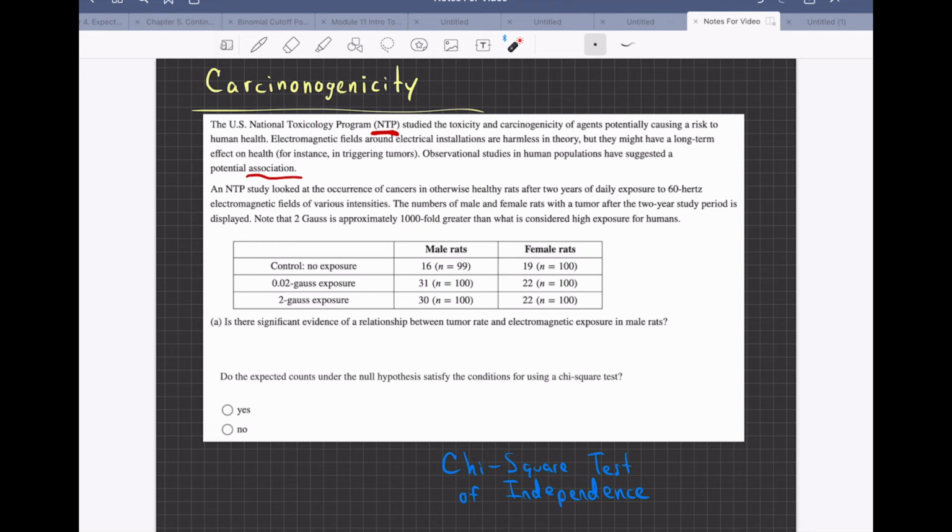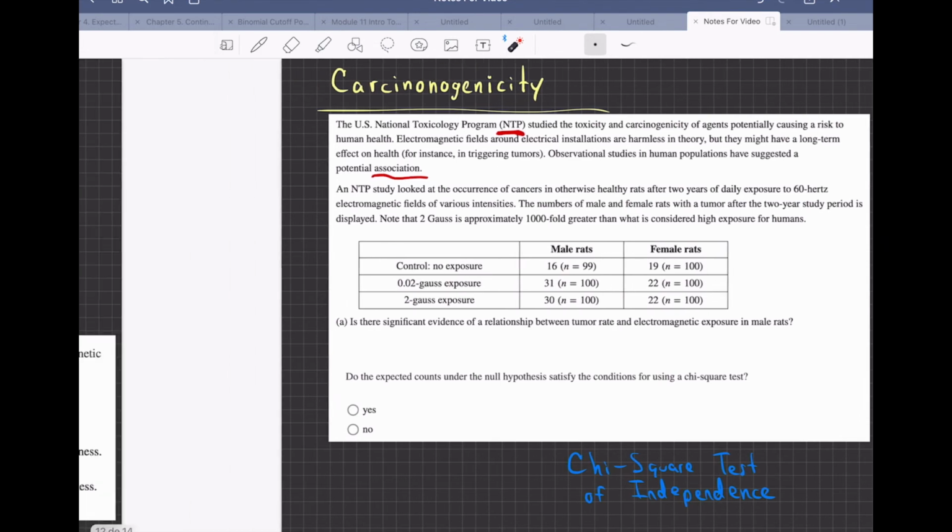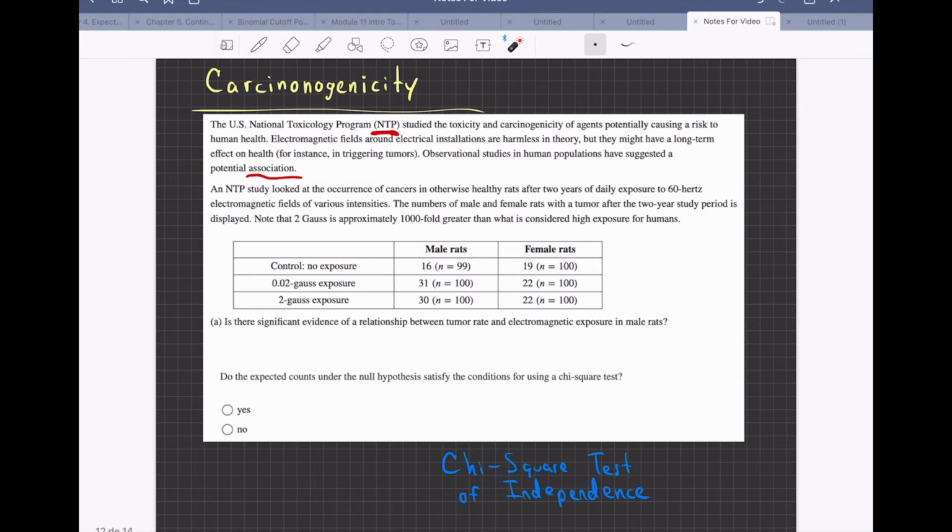I know I didn't explain many details, but when you are performing this test for independence or the one that we saw at the beginning, homogeneity, the computations are essentially the same. The only time when it changes is when we have to do a chi-squared goodness of fit.